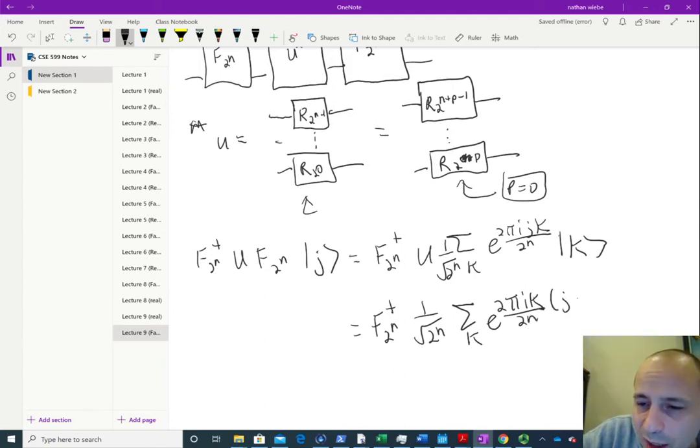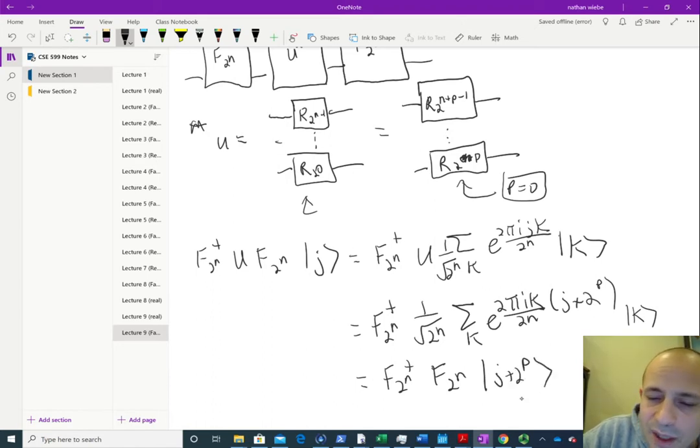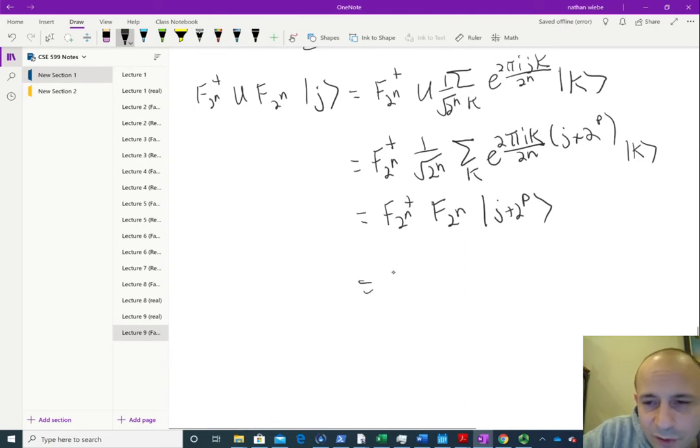Now we're going to get j plus 2 to the p this time, acting on k over here. Now identifying this as F 2 to the n dagger F 2 to the n acting on the state j plus 2 to the p, we end up getting that this is just equal to j plus 2 to the p, again mod 2 to the n.